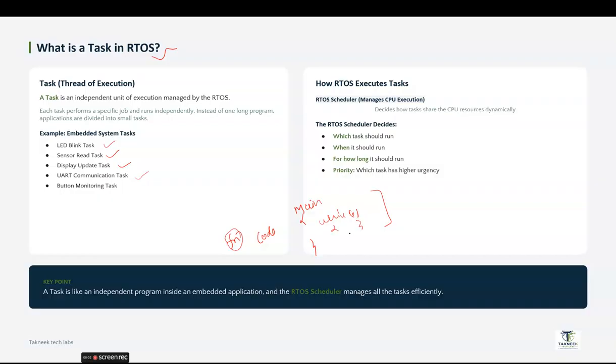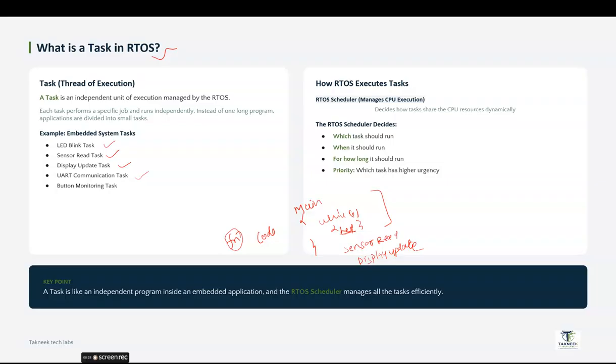In the while loop, you will have some functions like LED blink, or some sensor reading, or some display update, right? What RTOS does, it divides these functions. It's not the actual definition, but for your convenience I am saying this, just to get an understanding of what a task is.